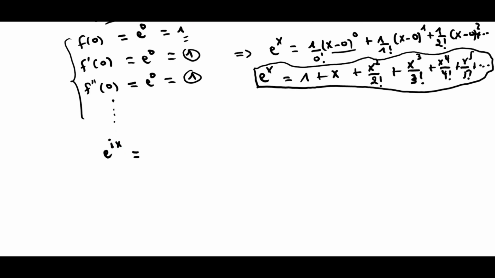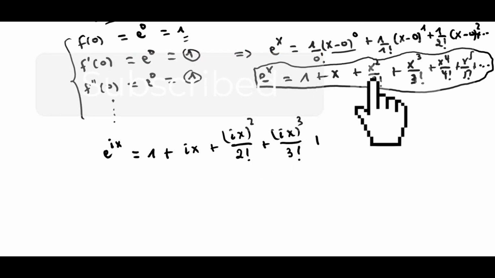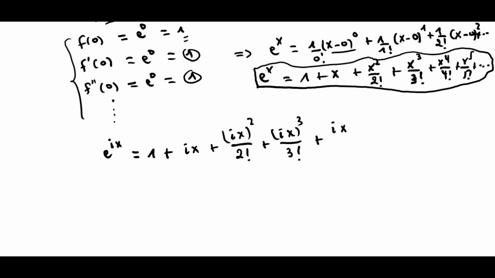We will get e power ix to be equal to 1 plus ix and plus ix squared over 2 factorial and plus ix power 3 over 3 factorial and plus ix power 4 over 4 factorial and plus ix power 5 over 5 factorial plus and so on.